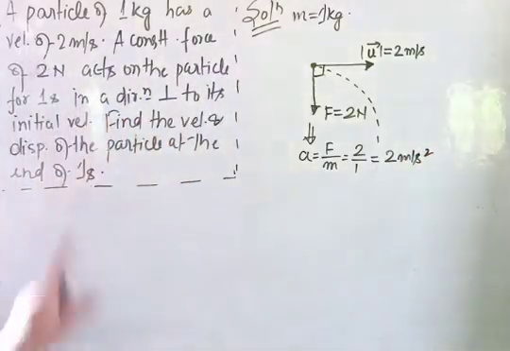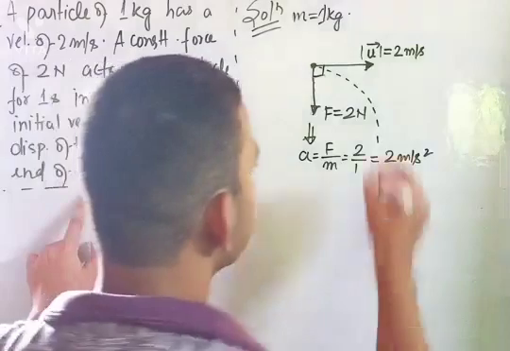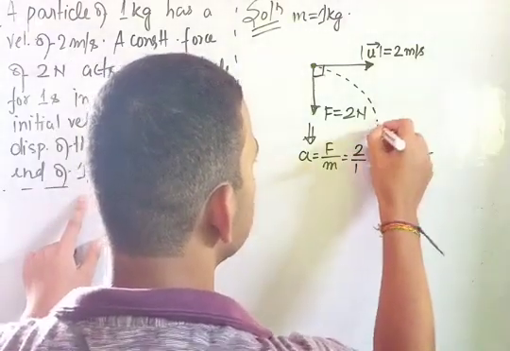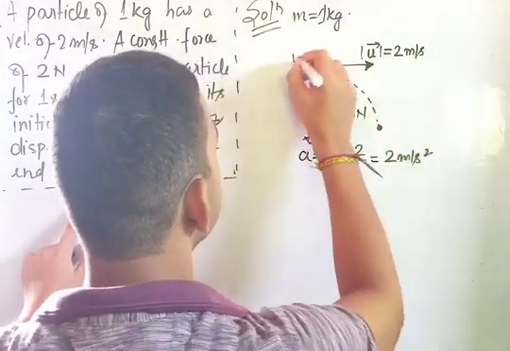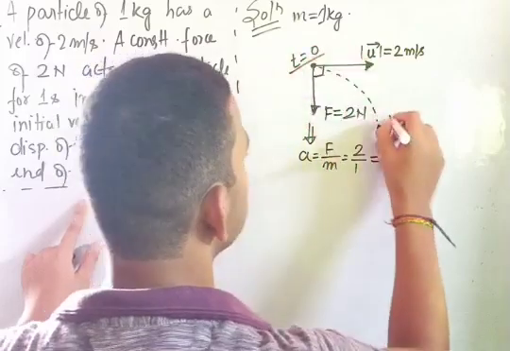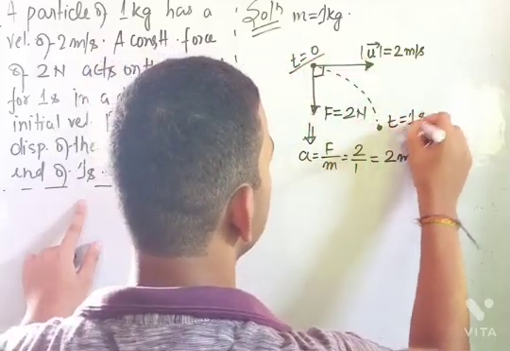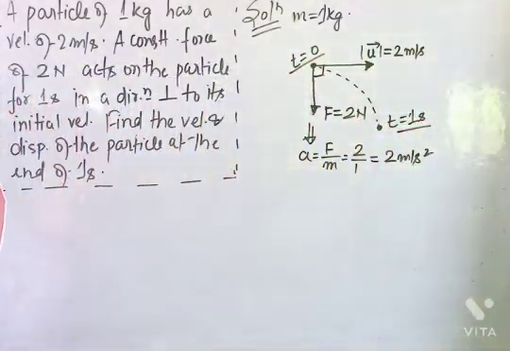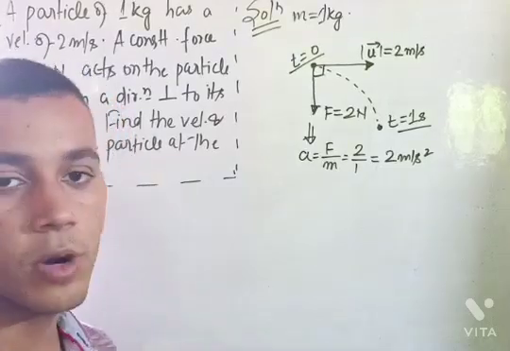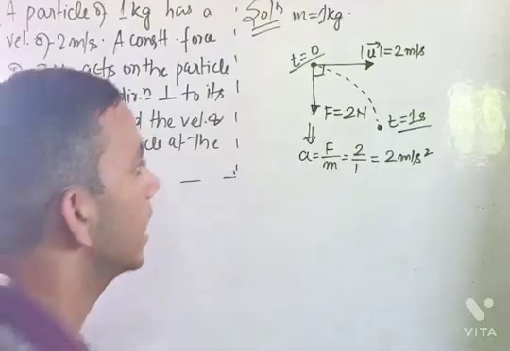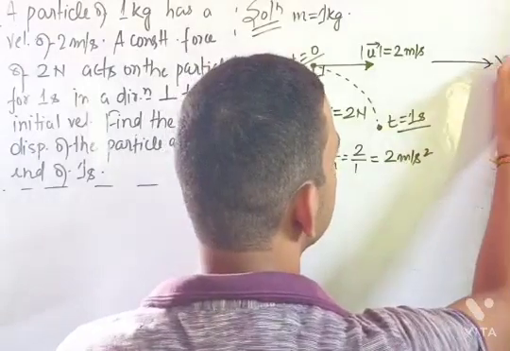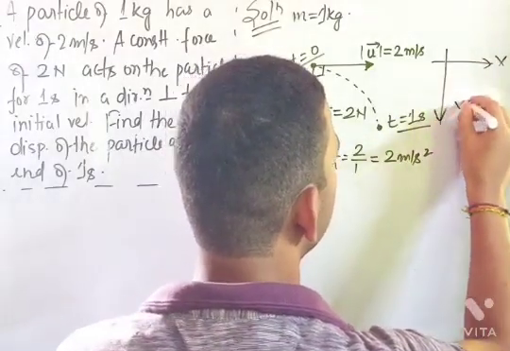Now, at the end of 1 second, let the particle be at this position. Let this be t equal to 0, and this be t is equal to 1 second. Now we can use the equations of uniformly accelerated motion in this case, and let this be x direction and this be y direction.